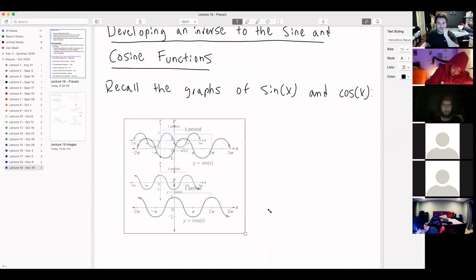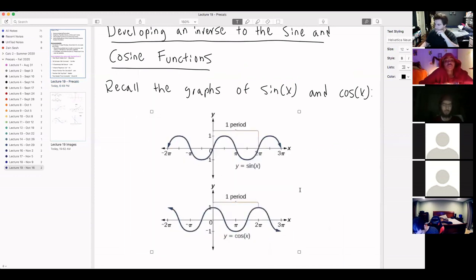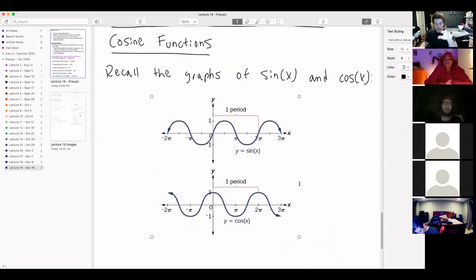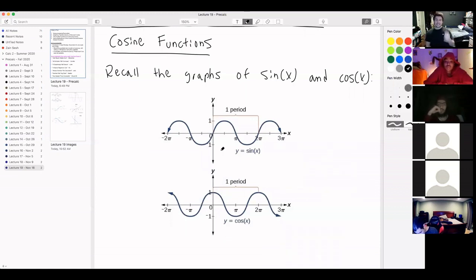This is the same picture from last class. The top one is sine of x and the bottom one is cosine of x. The problem with finding an inverse to these functions is they're not one-to-one.